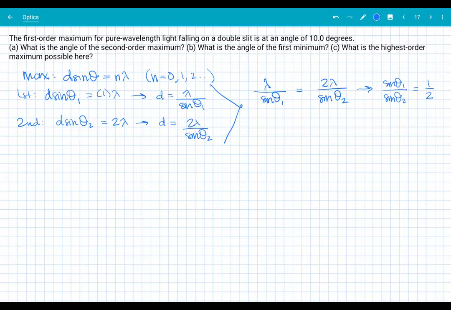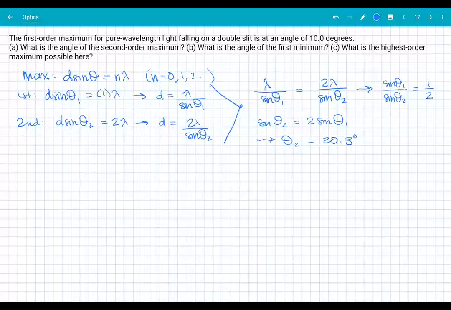So sine theta 2 is equal to 2 times sine theta 1, and now I can get somewhere, because theta 1 is known. I can do a little algebra, and there I find that theta 2 is equal to 20.3 degrees. All the steps are in the written solutions if you want the intermediate steps. Cool, so that's my answer to part A.